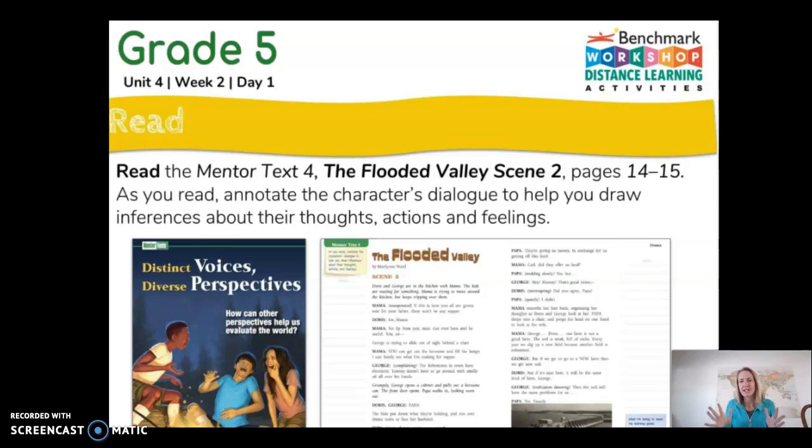Remember, it's okay to write in these mentor texts, but we're going to underline or annotate any of the words the character uses that help us paint a picture in our head. Any words that they're using that help us understand how they're feeling in that moment.